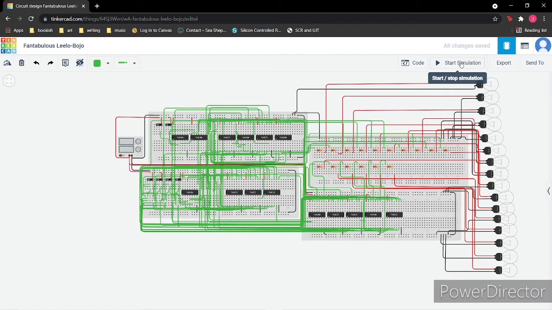This is my simulation of the 74154 IC in Tinkercad as a prototype. These two switches are my enable outputs, and these four are my A0 to A3. Let's try the inputs.